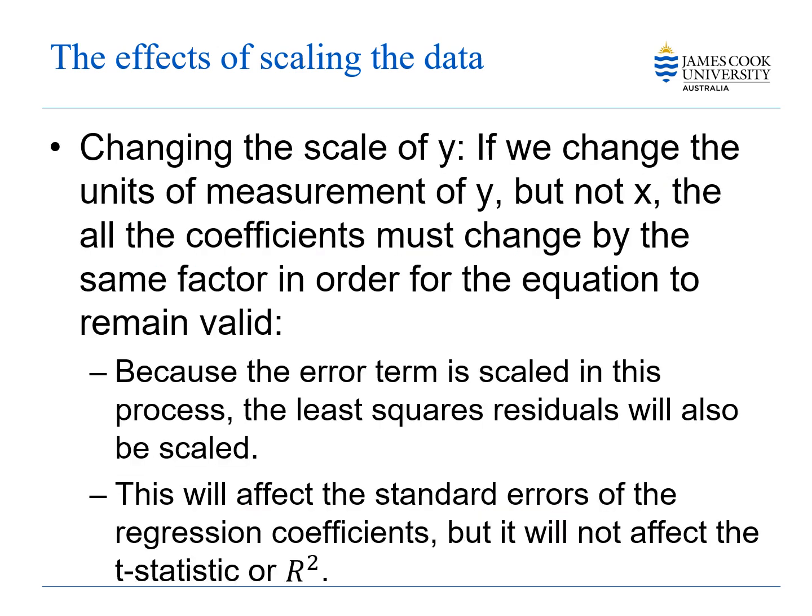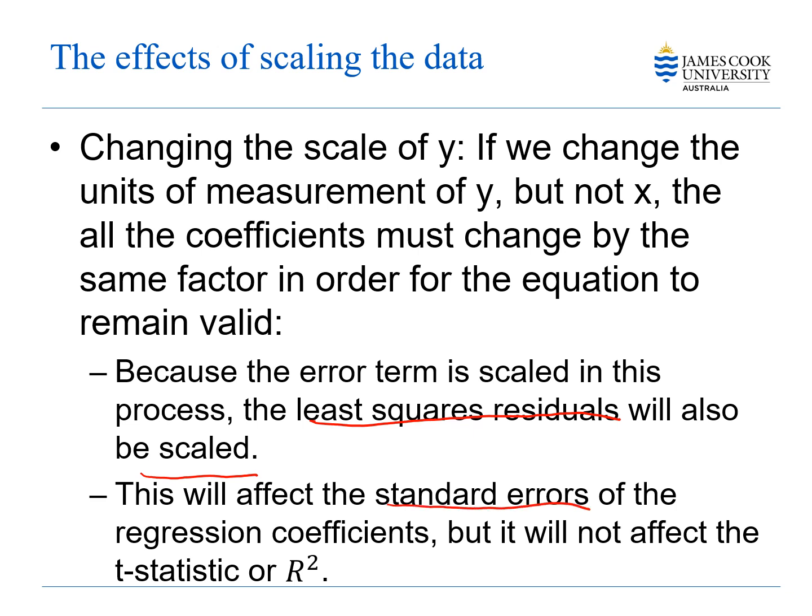So changing the scale of y, the dependent variable. If we change the units of measurement of y, but not x, then all the coefficients must change by the same factor in order for the equation to remain valid. And now, because the error term is scaled, the least squares residuals will also be scaled. This will affect the standard error.